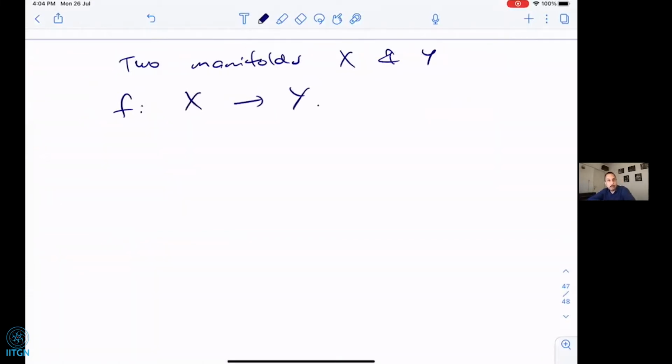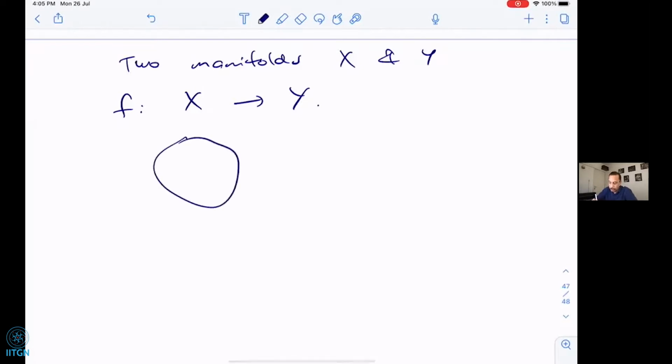If you remember, last time I had one topological space and I made it into a manifold by introducing charts. Now I have two topological spaces which have already been made into manifolds by introducing an atlas, and I have a function between them. Now, this is very important. This is actually the crucial point why we did all this definition of manifolds.